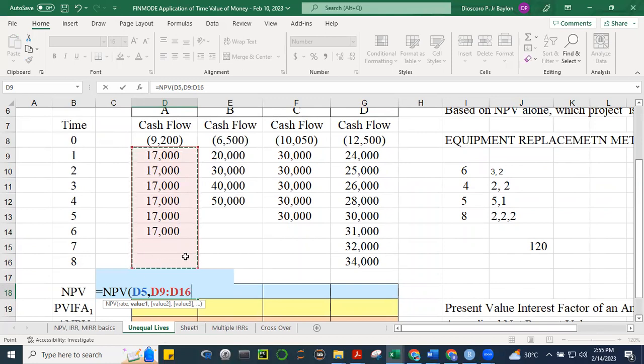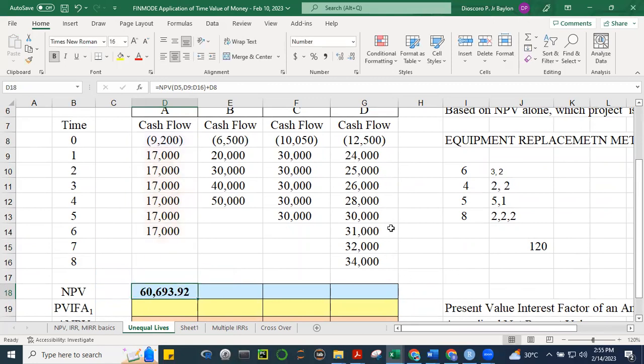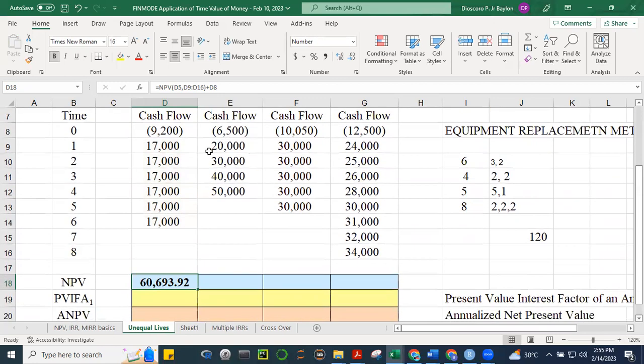Okay lang kasi 0 naman yan. So that we can copy the formula to the right to include si D, kasi si D may cash flow sa 7 and 8. Okay? And then we know that we have to add the initial investment fee. Okay, so that's the formula for the net present value. Control Enter.